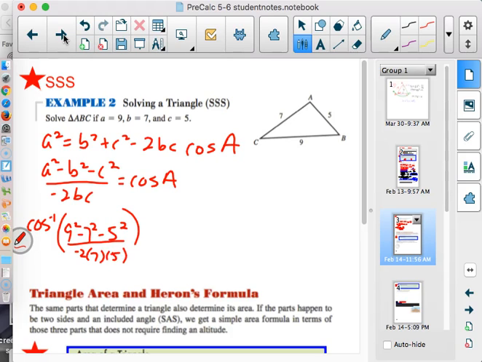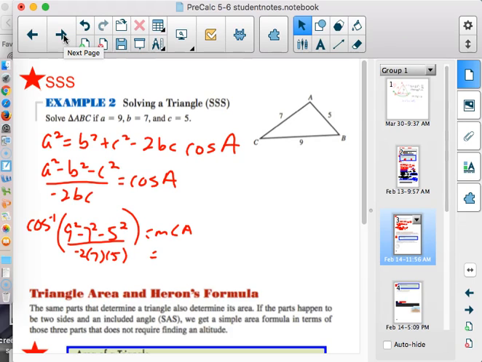And that will get us the measure of angle A. Punched absolutely everything in there so we can see it. And then inverse cosine. And we have our angle A, 95.739 degrees.